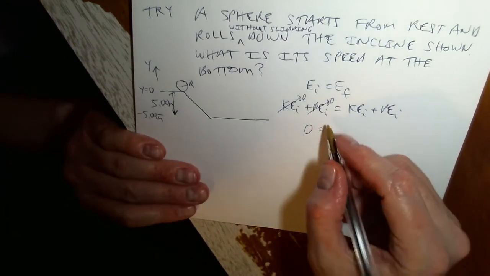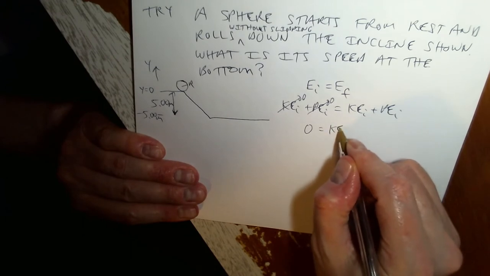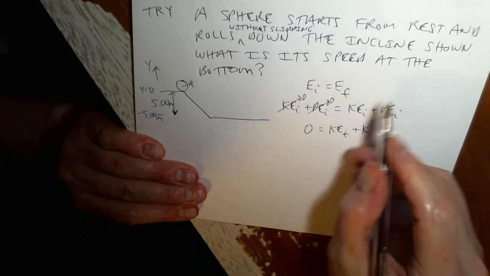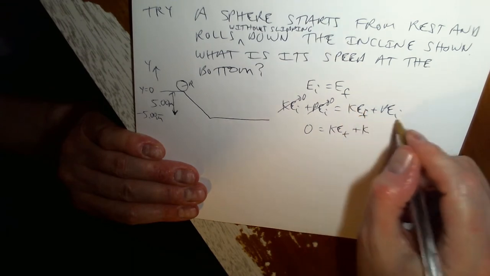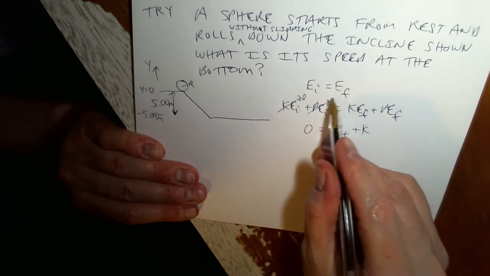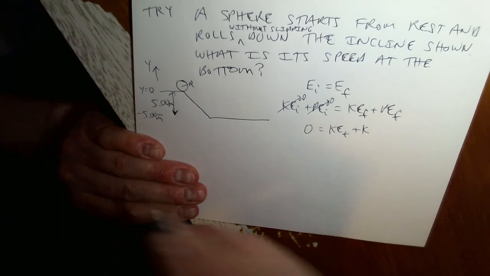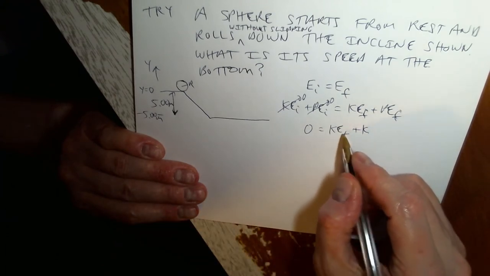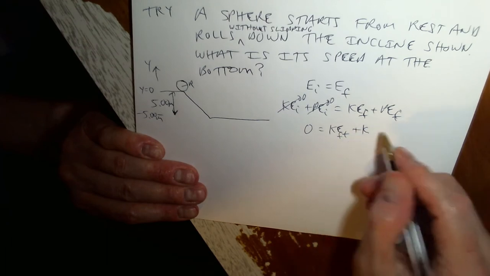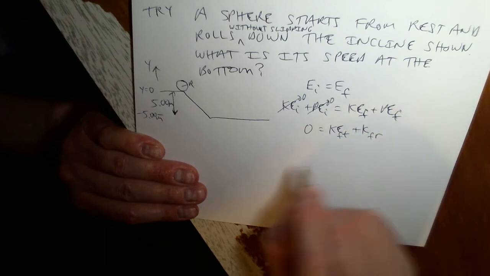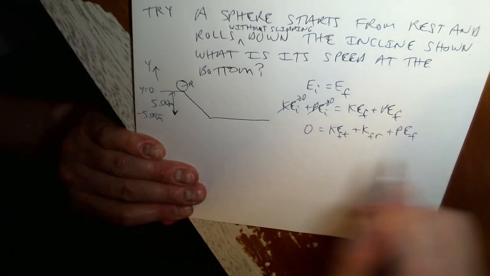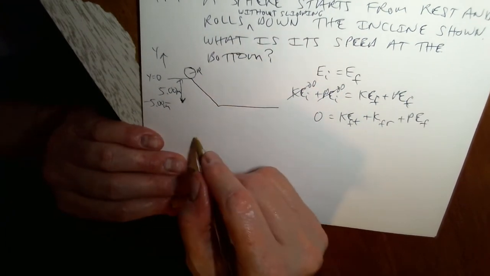the kinetic, I'm sorry, this is final, right? Yeah, E final. So the final kinetic is the kinetic final of translation plus the kinetic final of rotation, and then you have the potential final. And I'll come over here to get more room.